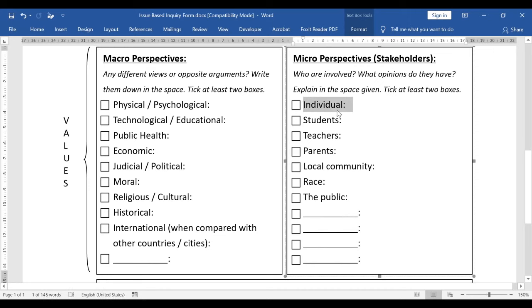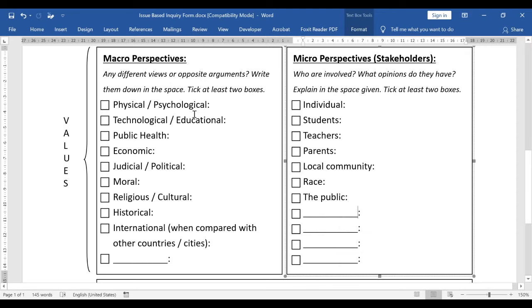They look at things from the individual side, just one person, or different groups of people like students, teachers, parents, local community, or the whole race. For example, all the Chinese people in the world, and maybe the public. So you can look at an issue in many different ways.